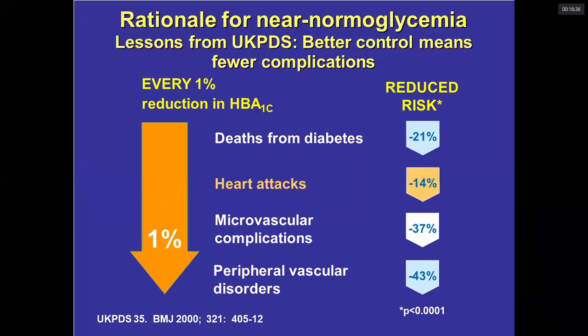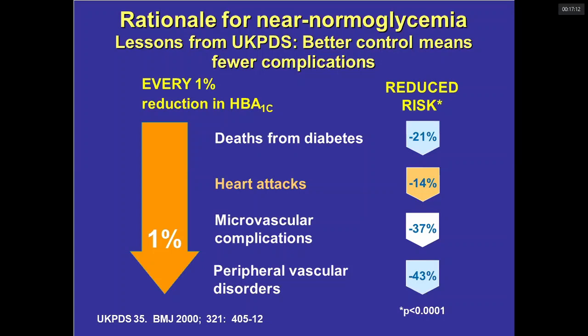What's the rationale for normoglycemia? The lesson from UKPDS, the United Kingdom Prospective Diabetes Study. The study included 15,000 patients all over the United Kingdom for more than 15 years. They found that reducing hemoglobin A1C by 1% can reduce death from diabetes by about 21% and heart attack by more than 15%.